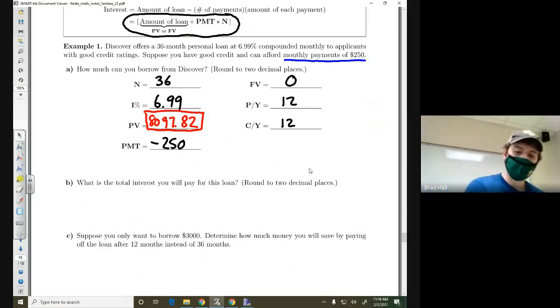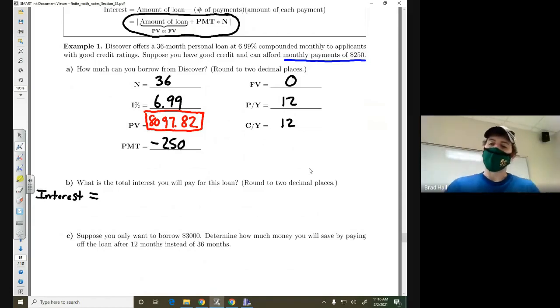So the way we determine this, so I'm going to use the formula that's exactly on top of the screen here. The interest, and if you see the formula I circled on the very top, starts off with absolute value bars. Basically, those absolute value bars mean if you get a negative number, make it positive. If it's positive, do nothing. So it's an absolute value bar, so I have that.